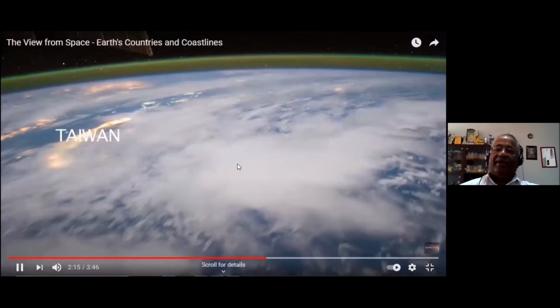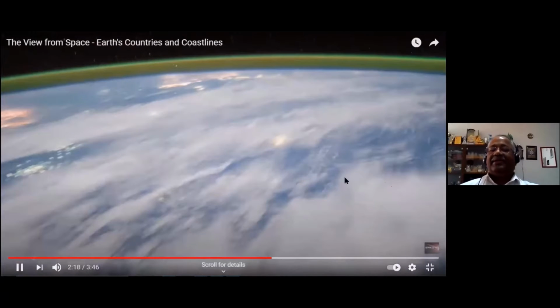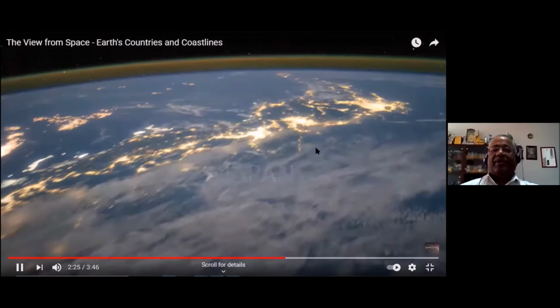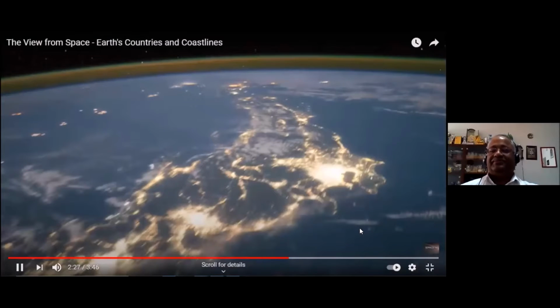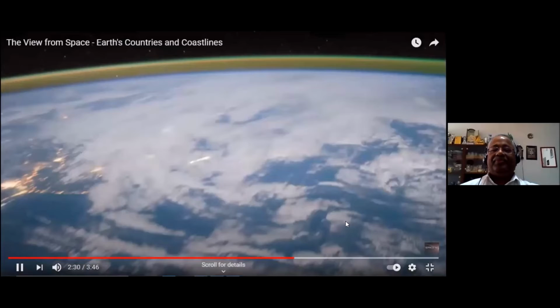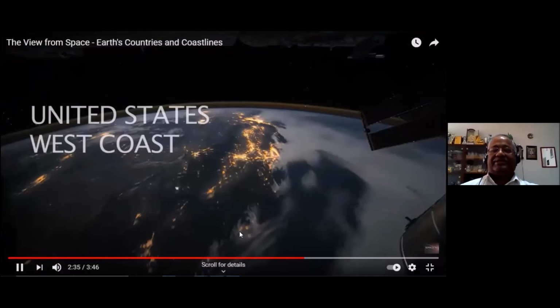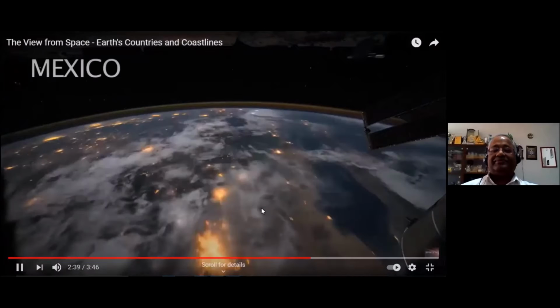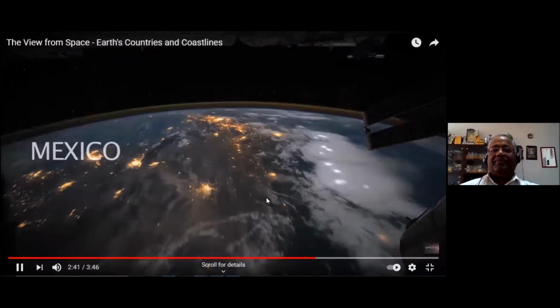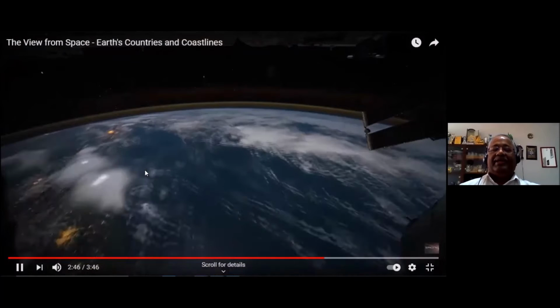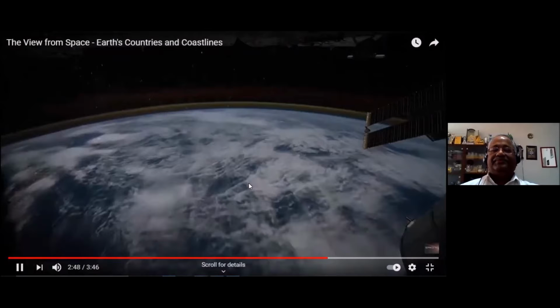Now you are flying over the Pacific Ocean. On your left is Japan. What you see here is Japan, surrounded by the Pacific Ocean. We are flying around the United States. Mexico on the left-hand side, Atlantic Ocean.